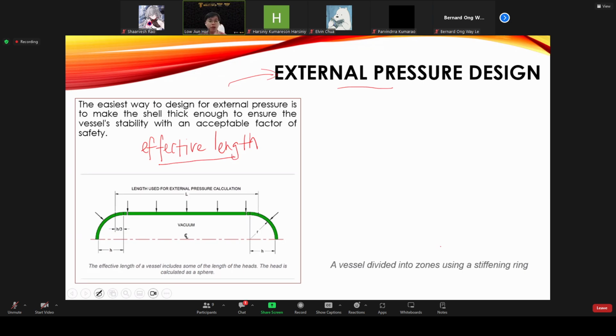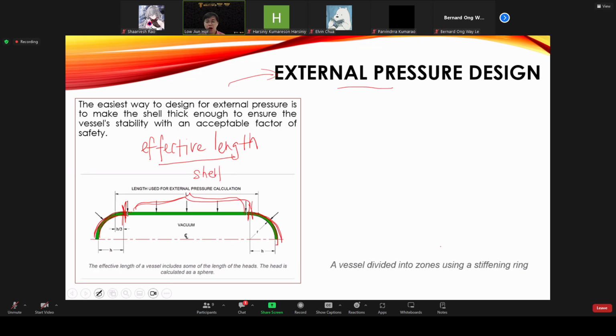You see, from here until here, this one is known as the length of our shell. That means here is actually the height or the length of our pressure vessel. Here is our head, here is our closure.